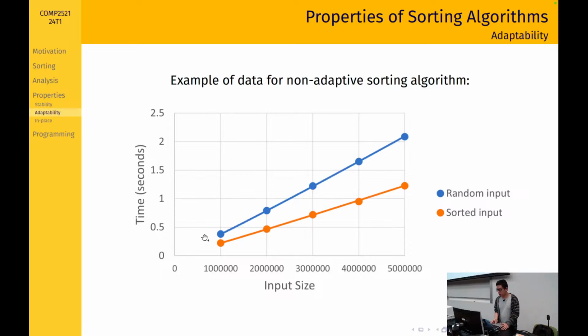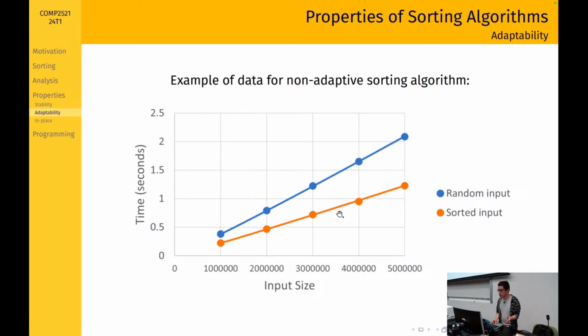On the x-axis is the input size, on the y-axis is the number of seconds that the algorithm takes. And we have data for random input and sorted input. You can see that the algorithm does sort sorted input faster than random input. But the question is how much faster?